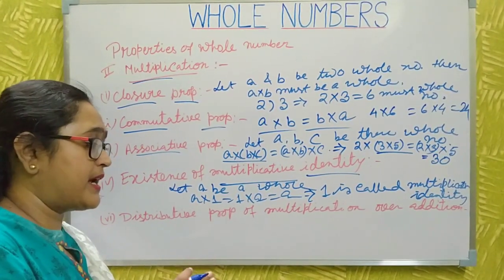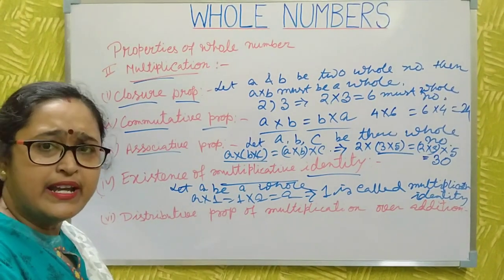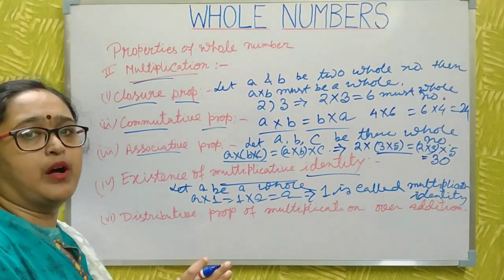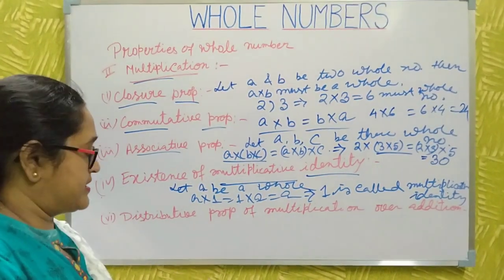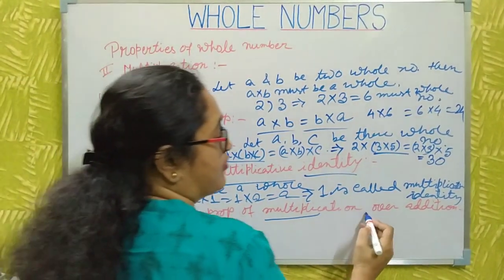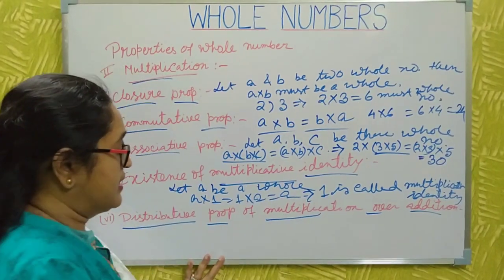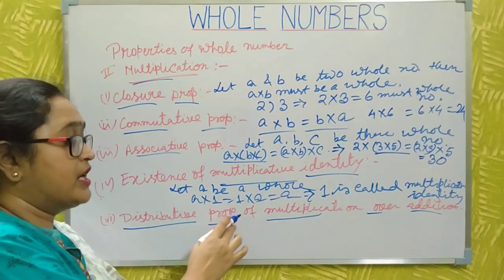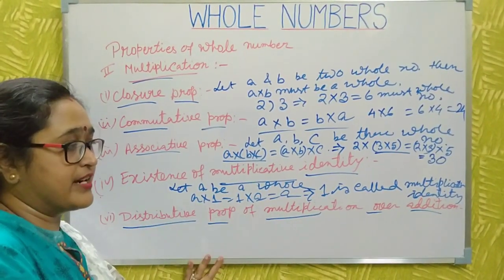You can multiply any number with 1. The answer will be that same number. This is called the multiplicative identity. And the distributive property of multiplication over addition.